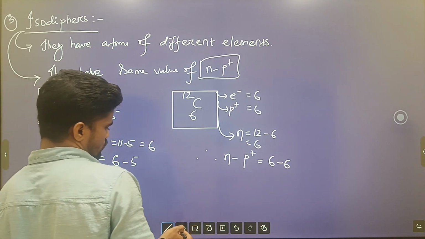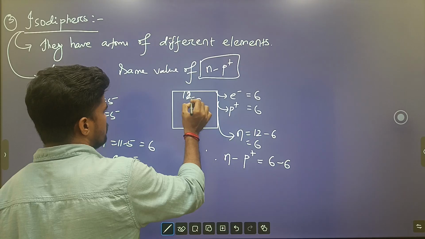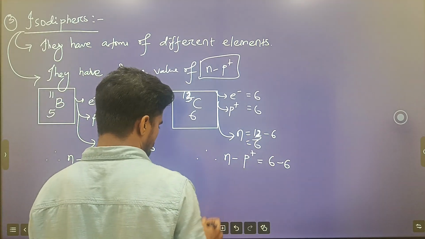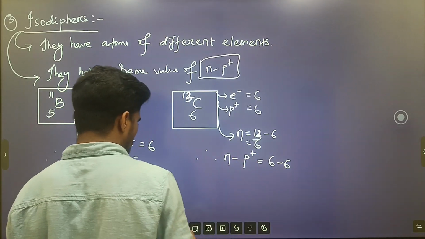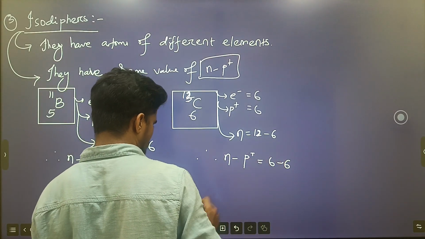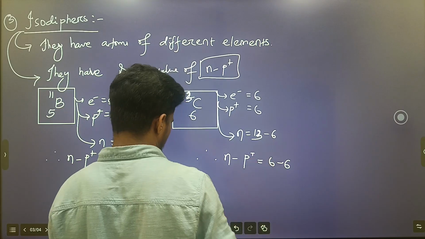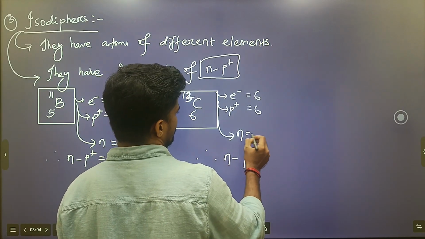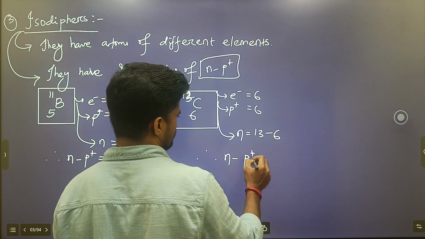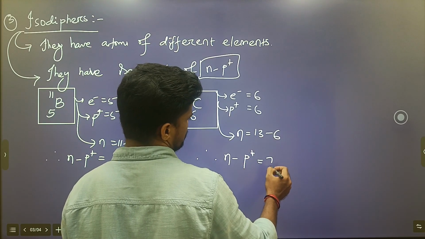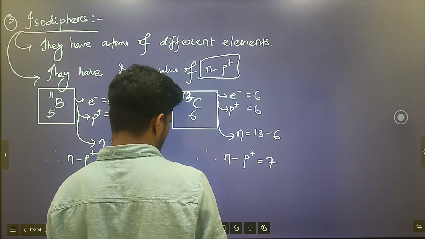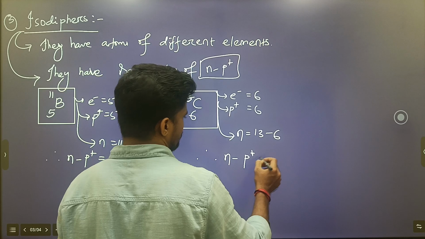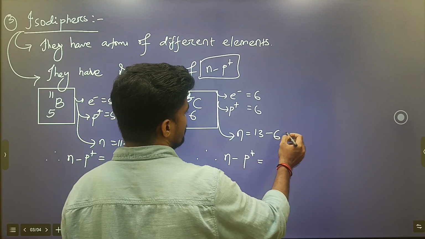If it is 13, then 13 minus 6 equals 7. So it is coming out 7.